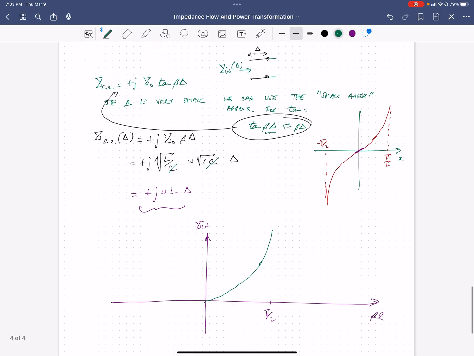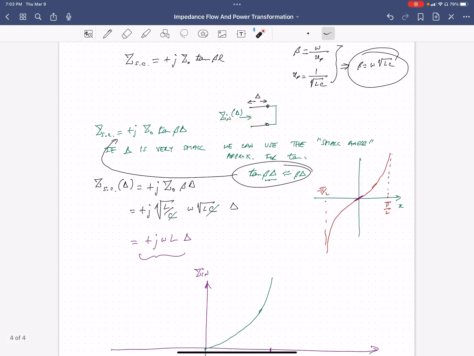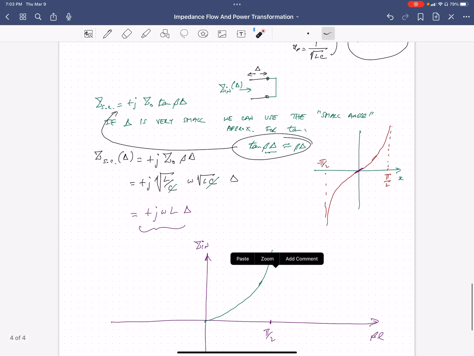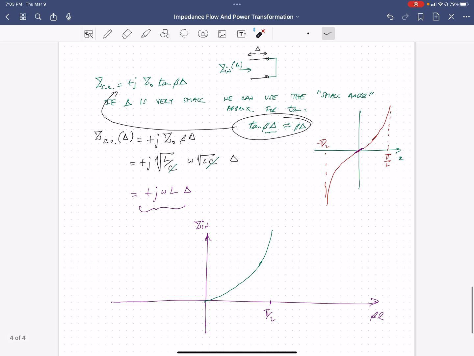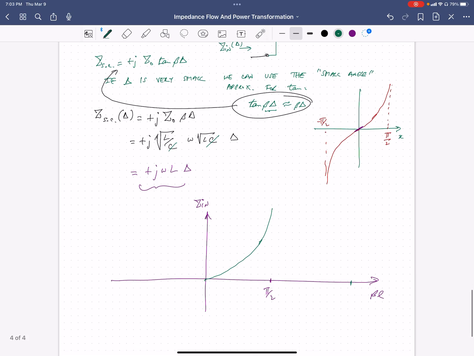So this is going to look like a pure inductance up until a certain length of the transmission line. Then if you keep going, this is periodic. If I look at pi, I'll see the same thing. It'll have this tangent type function.